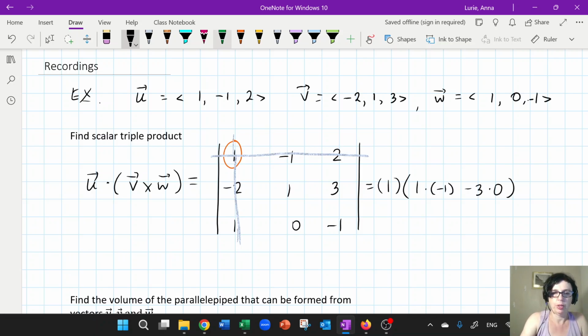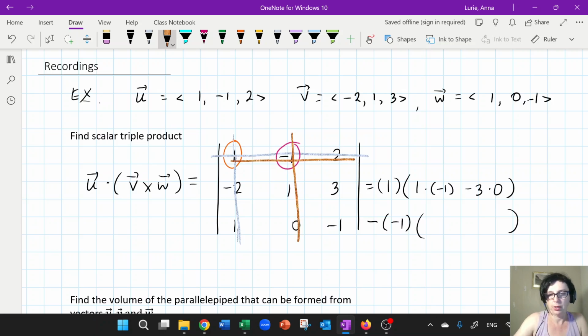Then we move on to the next element. So that would be this one right here. We're going to take it with a negative because the second one always is taken with a minus. And then multiply that by a determinant that's obtained by crossing out the row and the column where that number is. So that would be -2 multiplied by -1, subtract 3 times 1.